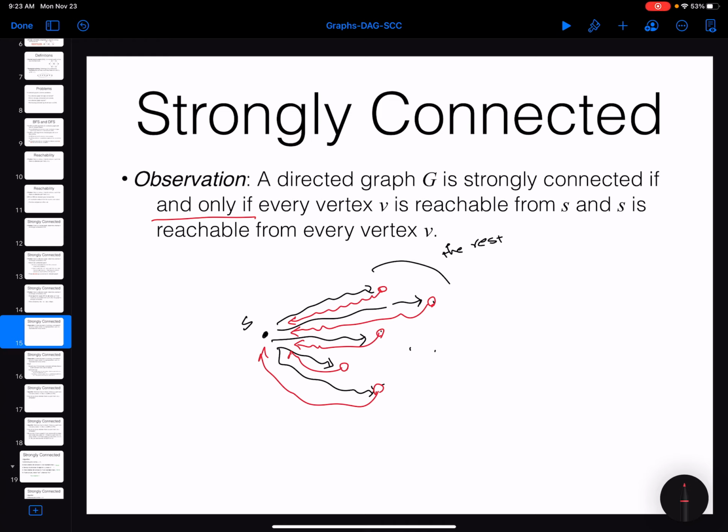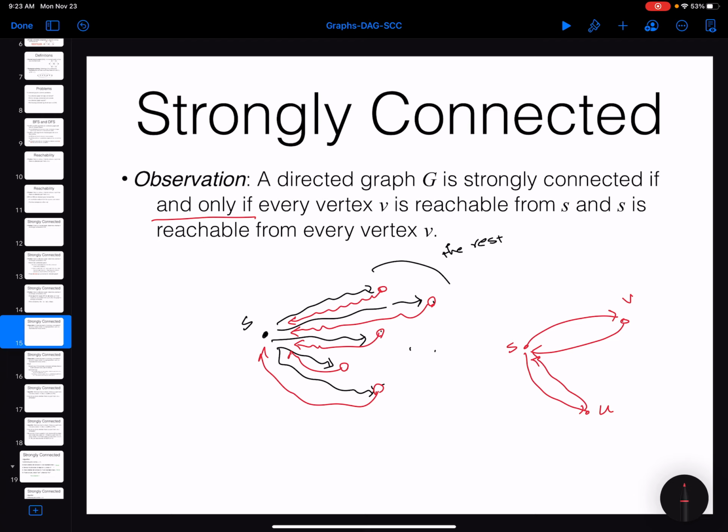Because there is a path from S to any node, for example node V, and there is a path from V going back to S. For every other pair, for example another node like U, I know that there is a path from S to U and a path from U to S.